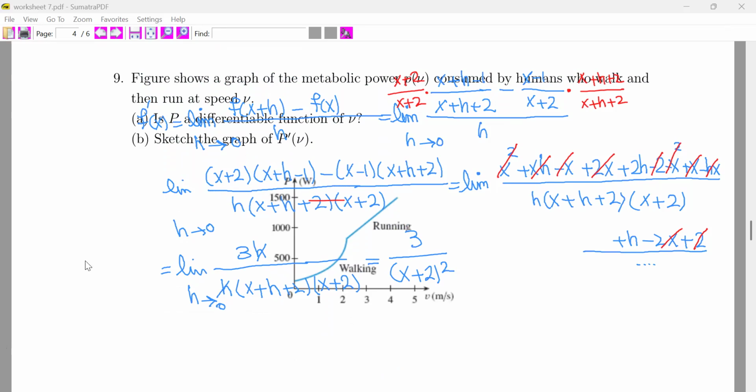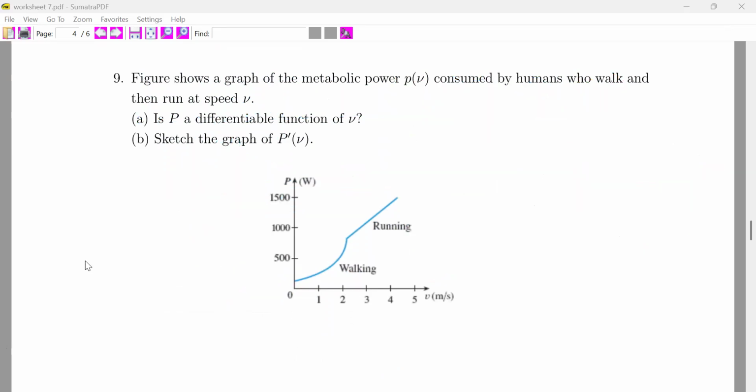Number 9 says, the figure that is given to us shows a graph of metabolic power P of v consumed by humans who walk and then run at the speed v. Is P a differentiable function of v? The answer is no, because we have a corner here.